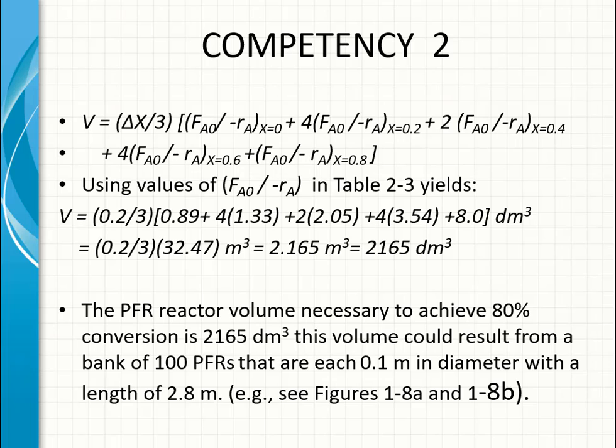That will give us a total volume of 2,165 liters. The PFR reactor volume necessary to achieve 80% conversion is 2,165 liters. This volume could result from a bank of 100 PFRs that are each 0.1 meters in diameter with a length of 2.8 meters.